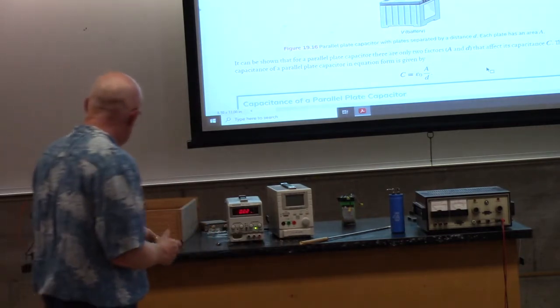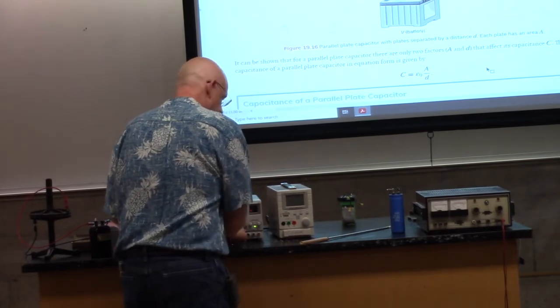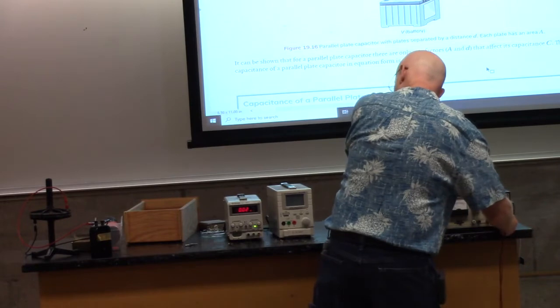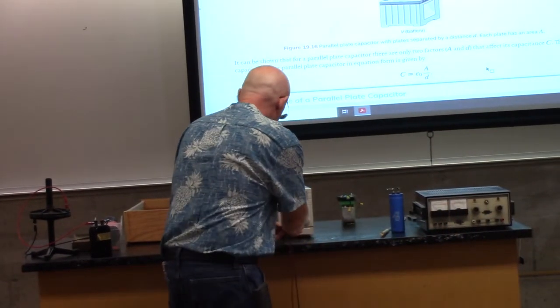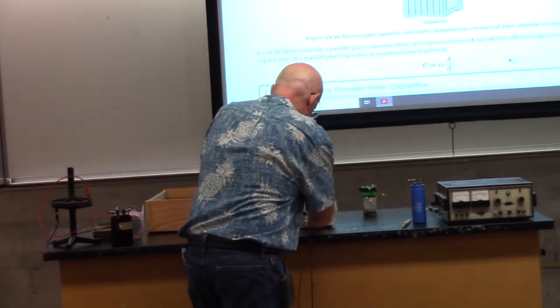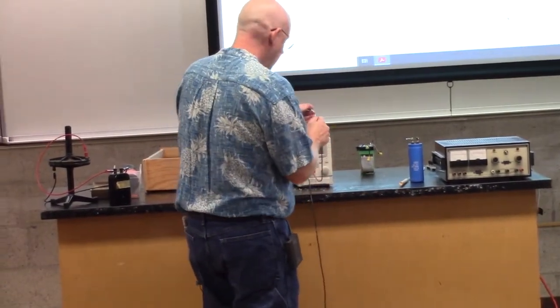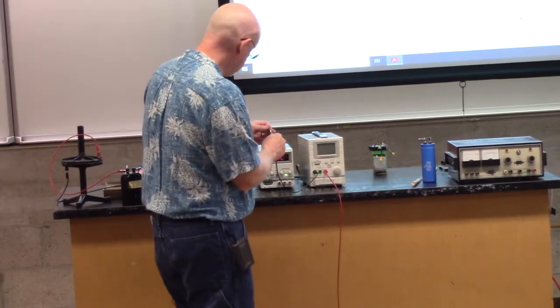In fact, it's kind of fun to see what might happen if we do get them too close together. And so let me use this middle power supply, because I think I got this one set at about 100 volts.